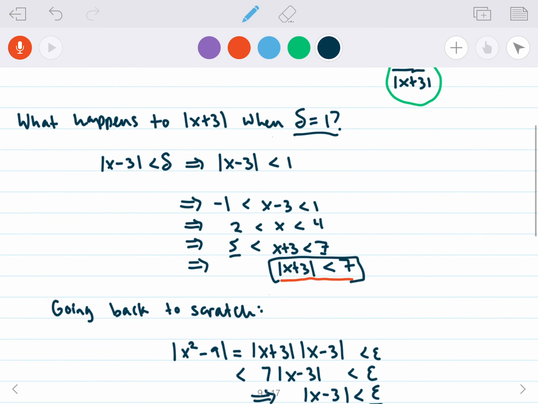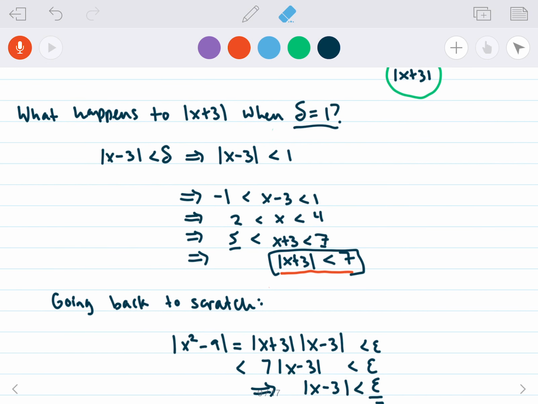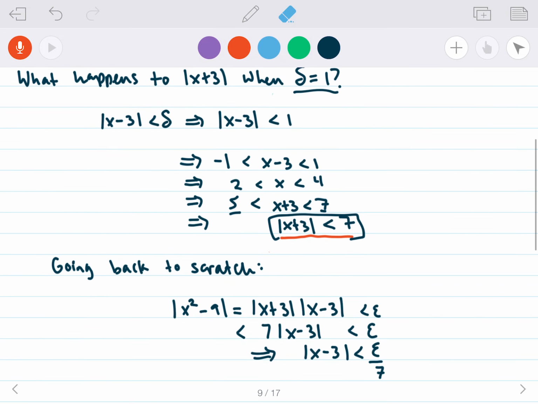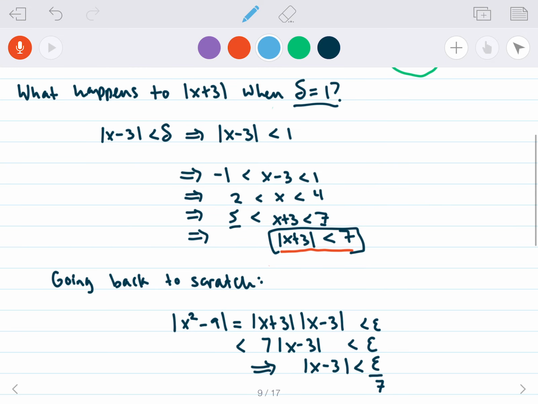Okay, so I see what happens when delta equals 1. And so what I'm going to do is choose the minimum of delta equals 1 and delta equals epsilon over 7. That way, both inequalities are true at the same time, and then the proof works out. Now, you did not have to choose delta equals 1 to begin with.